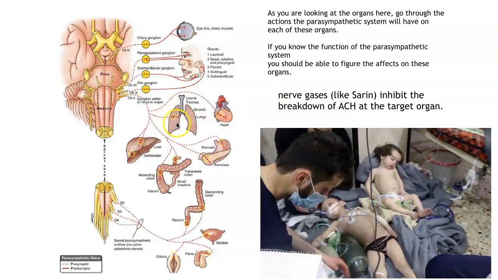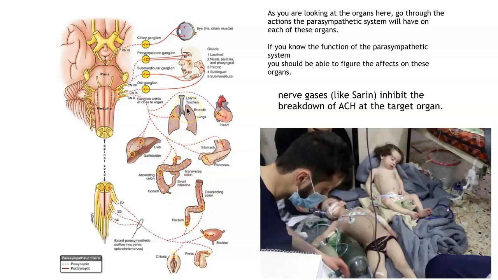It's going to be broken down. There's an enzyme that's going to break down that acetylcholine. What these nerve gases do, that acetylcholine is never broken down. It's going to inhibit the enzyme that breaks down that acetylcholine. So you have uninterrupted action of acetylcholine on these target organs.